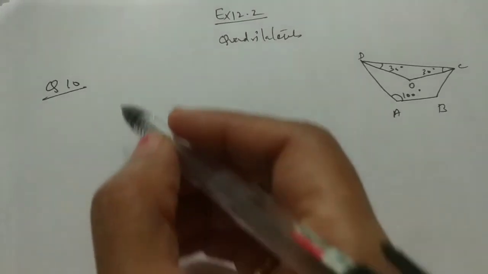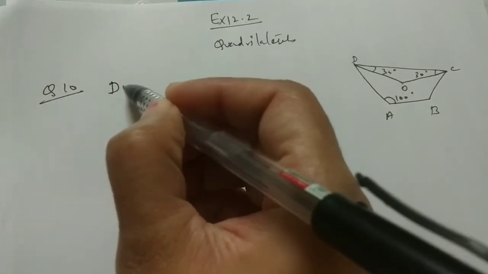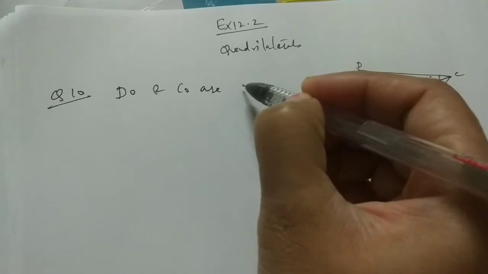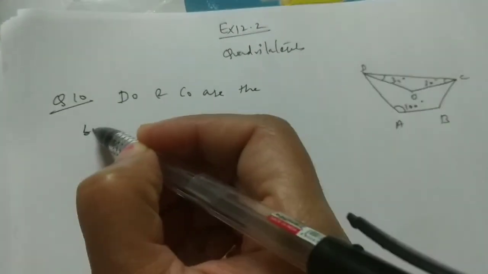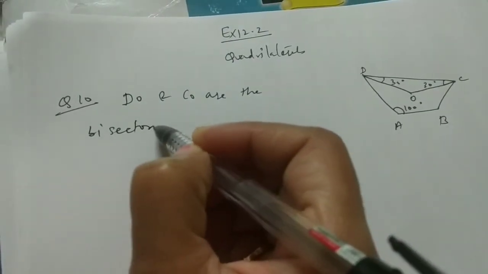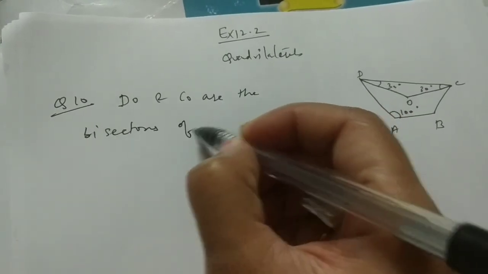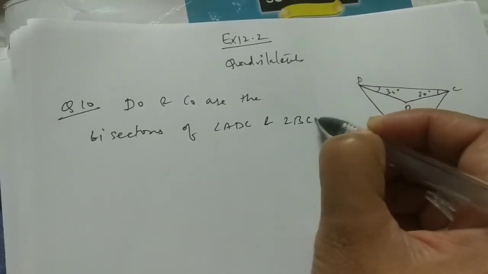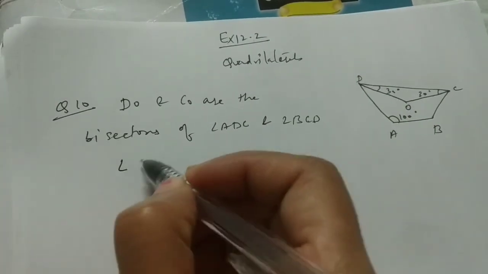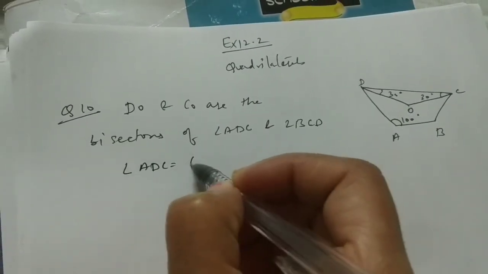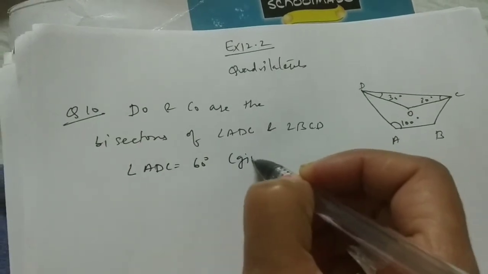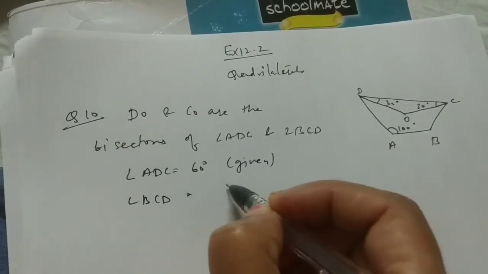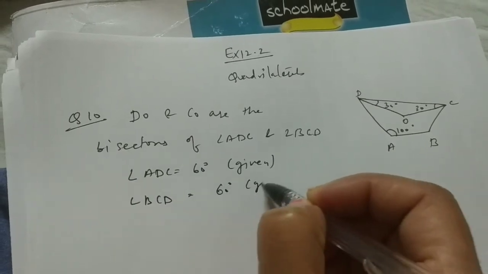How would we solve it? So we would write DO and CO are the bisectors of angle ADC and angle BCD. Angle ADC is equal to 60 degrees, which is given to us. Angle BCD is equal to 60 degrees, which is given to us.